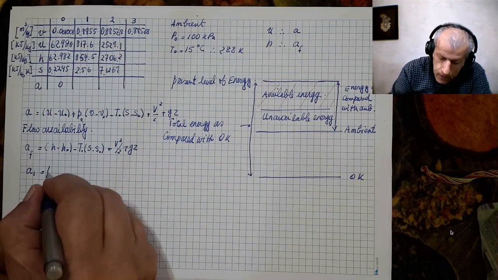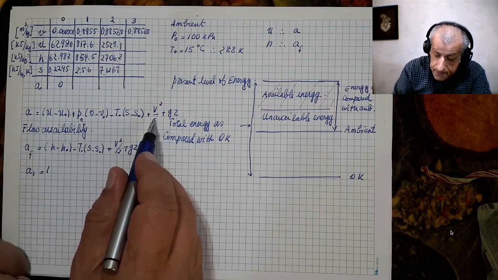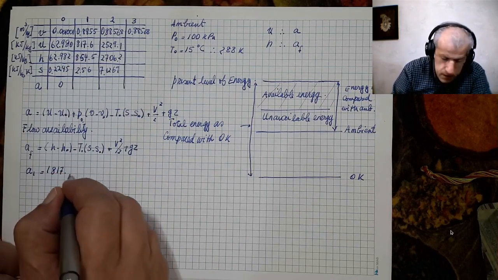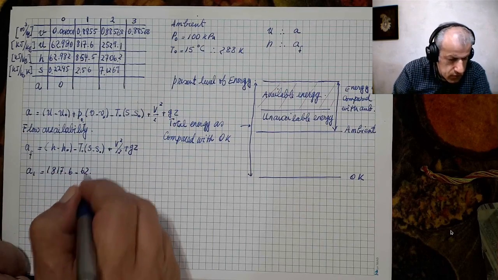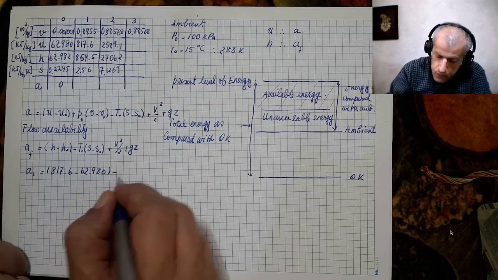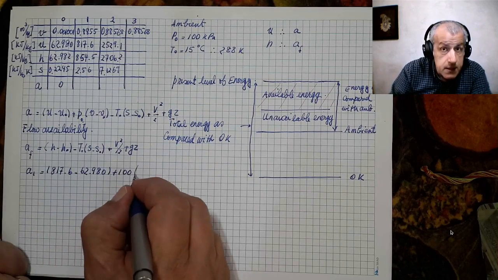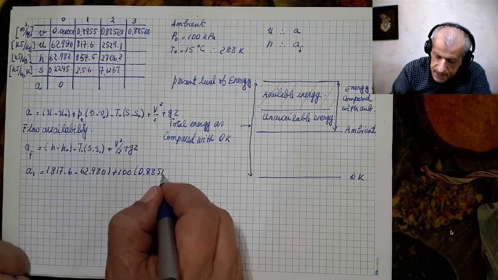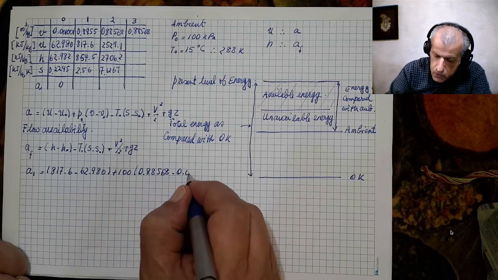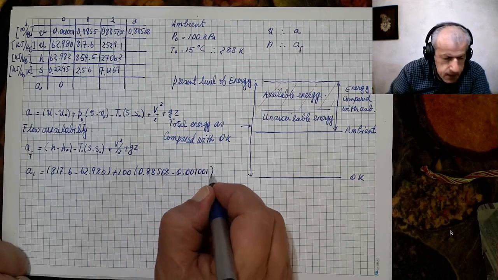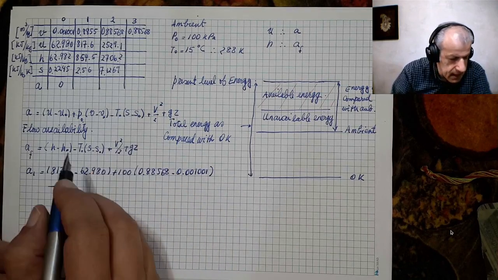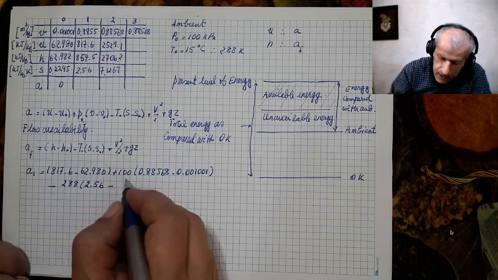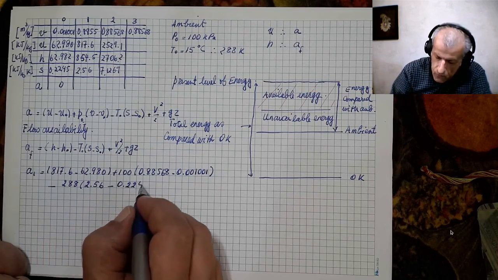A1 equals, we just replace values in this equation from this table: 817.6 minus 62.980 plus 100 times 0.88568 minus 0.001001, and minus 288 times 2.56 minus 0.2245.